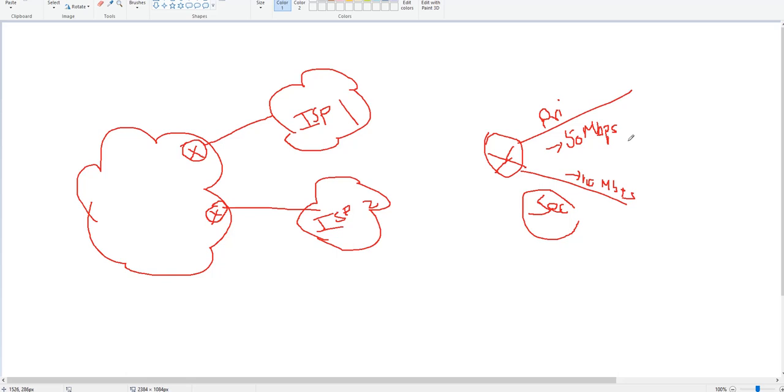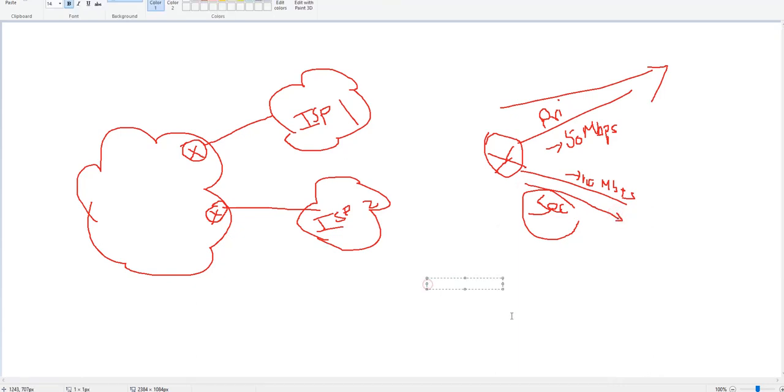So in this case, even without BGP, you can build it just by putting a static route on this link, and here you can put a floating static route. What is a floating static route? The command would be slightly different. ip route, and your destination prefix.